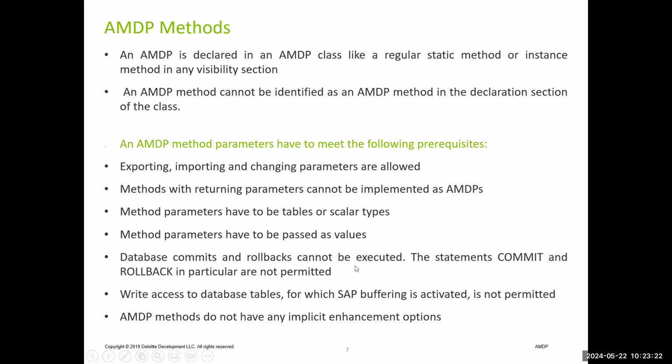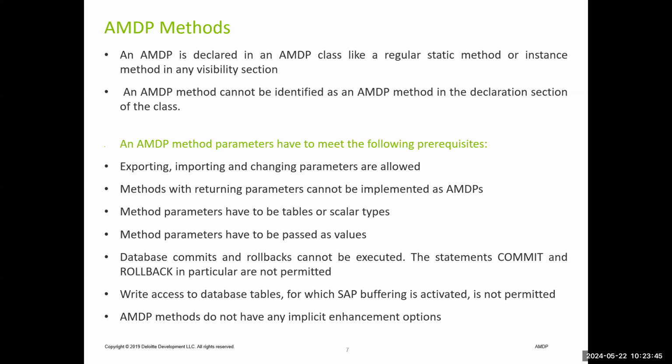And database commit: we can write a commit work or a rollback work statement in our normal SE24 class, but we cannot write them in our AMDP methods, because the method is just executed to fetch the data, clean the data, and give it to the consumer.